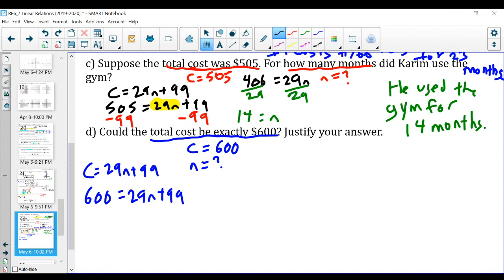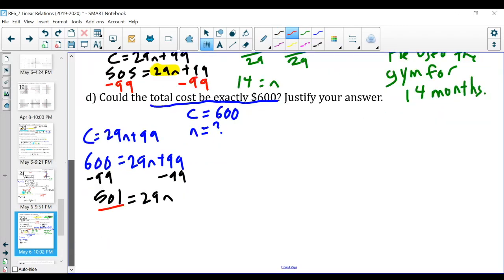If we subtract 99 from both sides, we'll have 501 is equal to 29N. We're going to divide both sides by 29 because I want to isolate for N. And I will end up with 17.275.